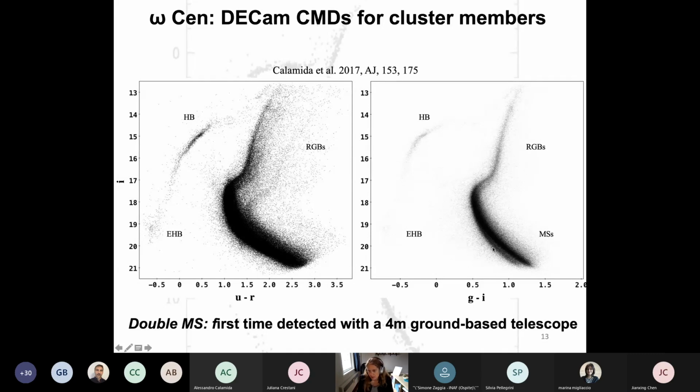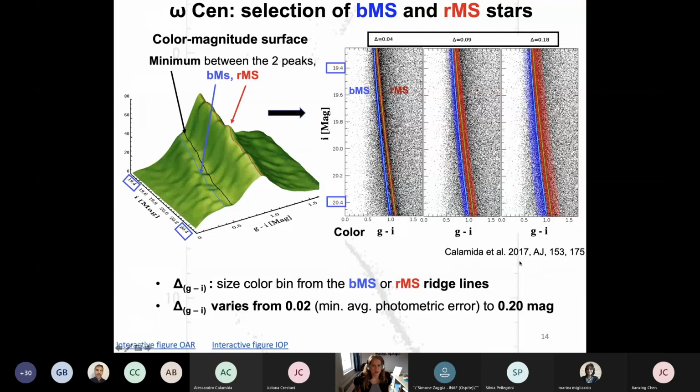to study the distribution of the stars belonging to the blue main sequence in comparison to the distribution of the stars belonging to the red main sequence as a function of distance from the cluster center. In order to select the blue main sequence stars and the red main sequence stars, we used a color magnitude surface.